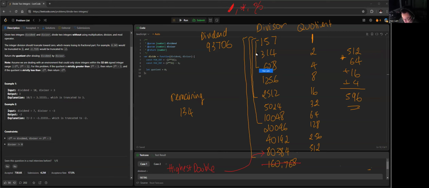Let me change the color to green. This part keeps being repeated, so that is not very efficient.